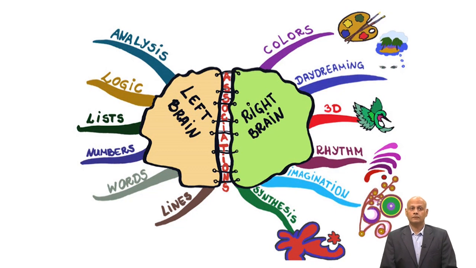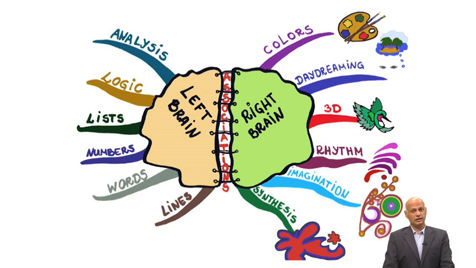Do you think it's the right? Because there is rhythm, imagination. Look carefully. Songs are words from the left combined with rhythm from the right. A combination of left and right.